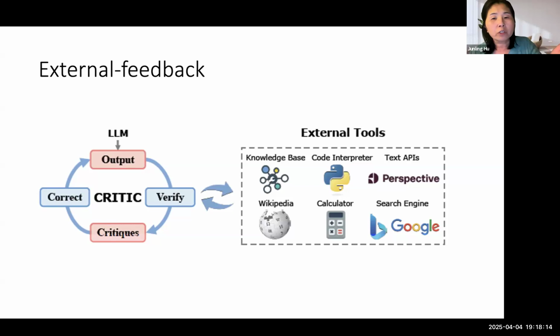Or you can call a knowledge base to do verification. So with external feedback, the agent can do several internal rounds before generating the final answer for the user. You can keep criticizing yourself and doing verification. This is very useful if you want to make sure your result is correct.